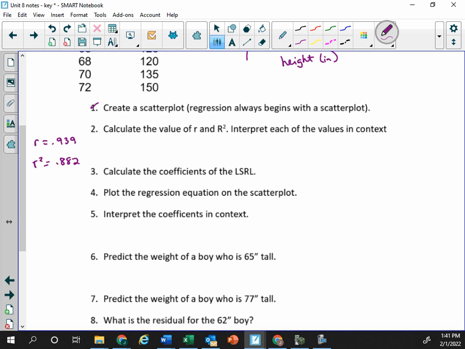So what we would say here is that the association between height and weight is linear, positive, and strong.